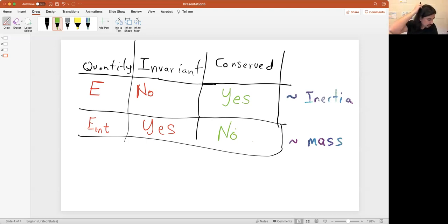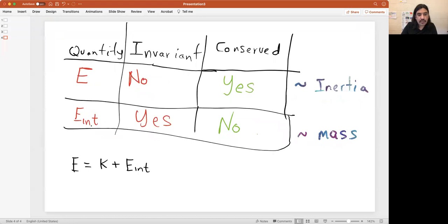So as an example, you have that the total energy is a sum of your kinetic energy and your internal energy. So with that, and you guys see my pointer right now, right?